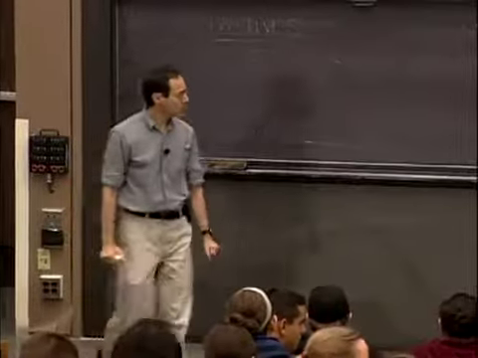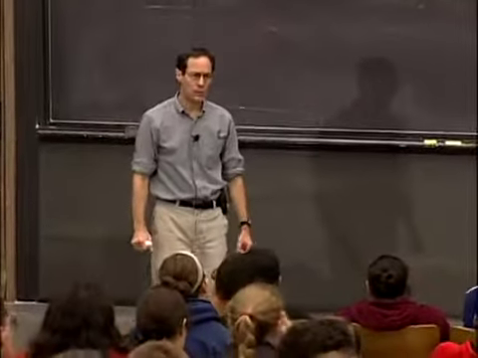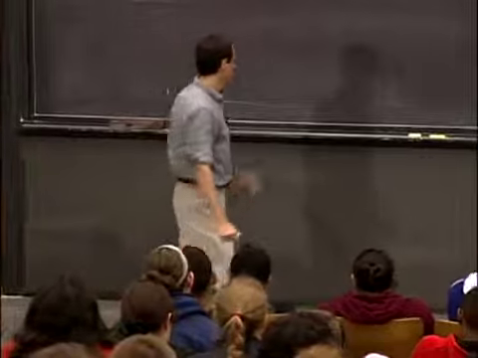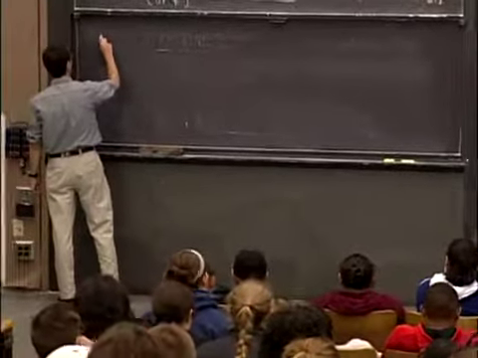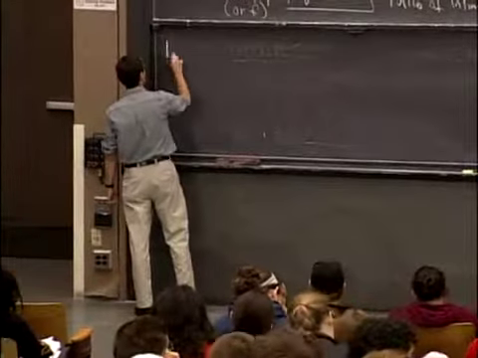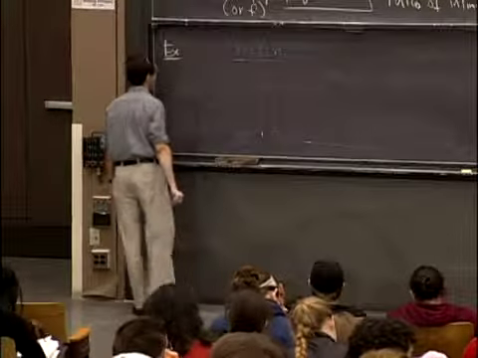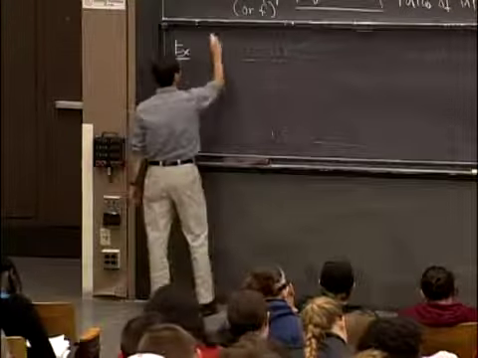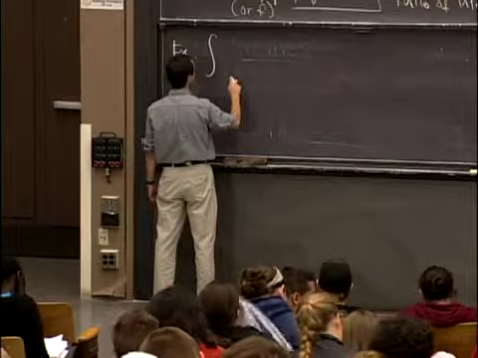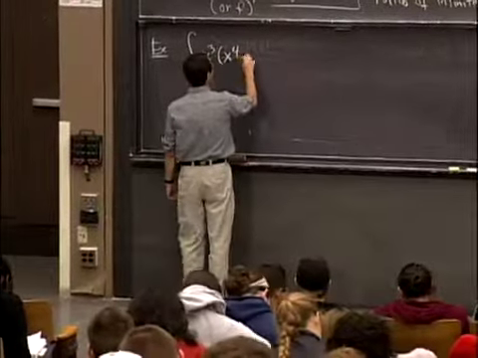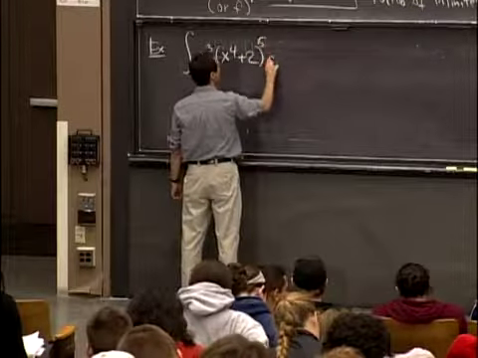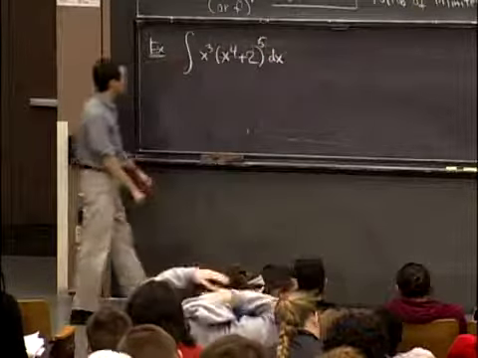All right, so let's go on to some slightly trickier integrals. Here's an example: the integral of x cubed times (x to the fourth plus 2) to the fifth power dx.